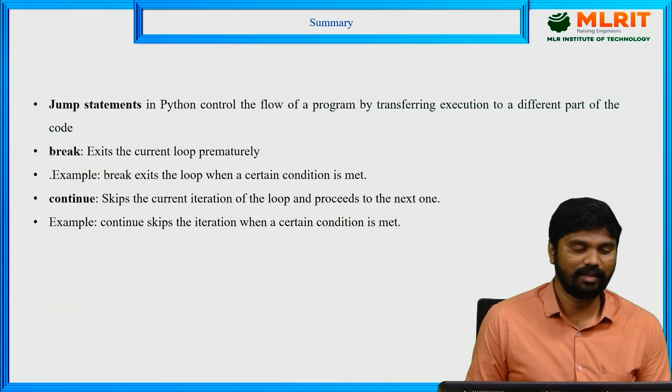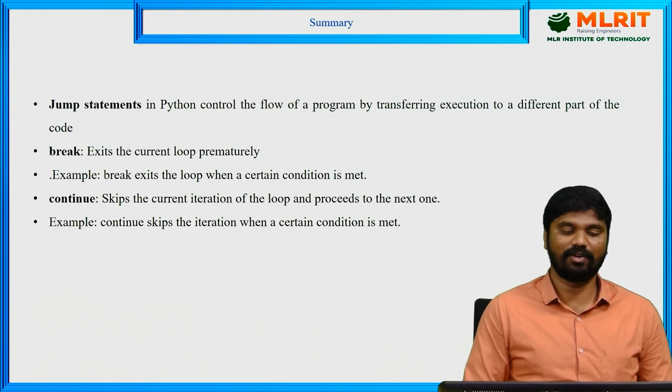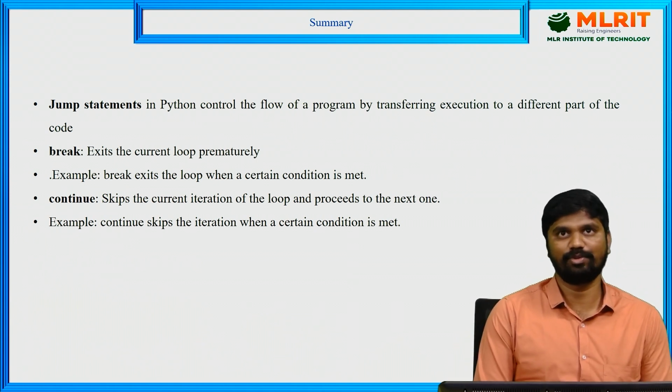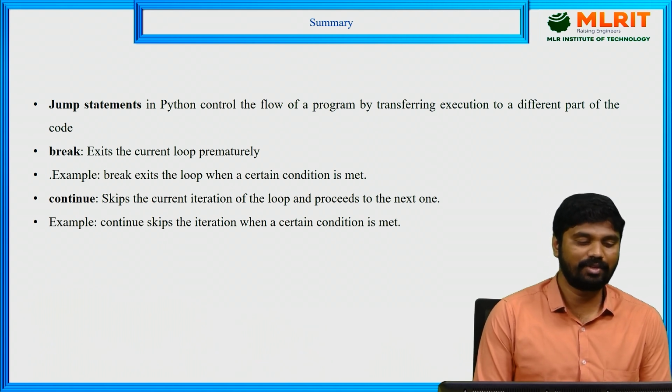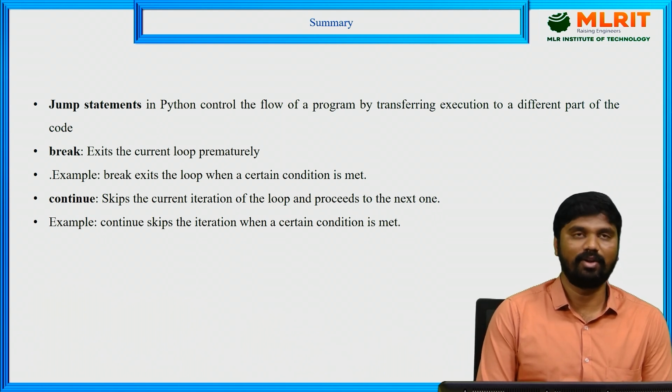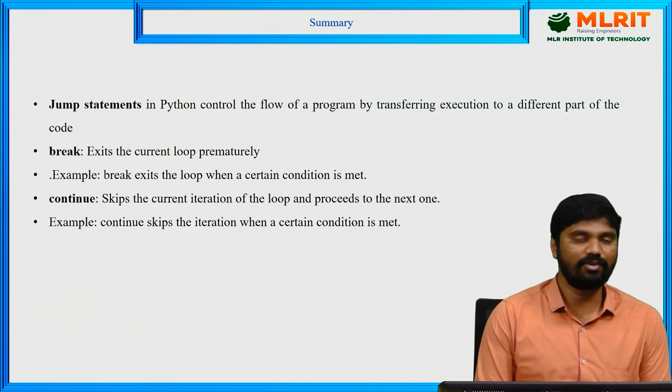Next, see here. Yes, finally, jump statements in Python control flow are useful for transferring the execution to a different part of the code, right? So here, what is the purpose of the break statement? It exits the loop whenever a condition is met. And the continue statement is what?